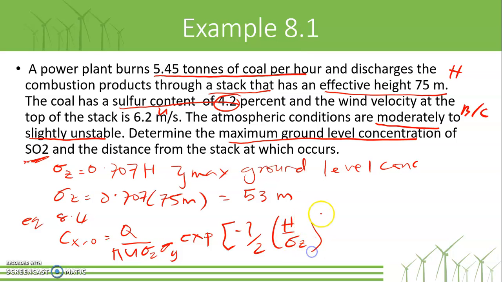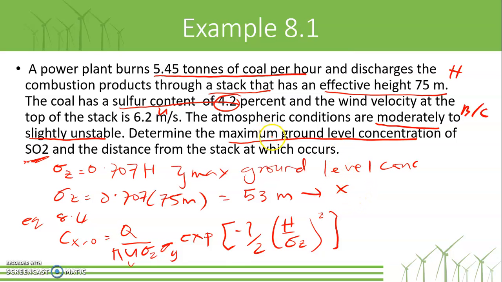So you've already determined sigma z and also you have h. You have your u, so you need to determine sigma y. How to determine sigma y? First you have sigma z, so you determine x from the graph.